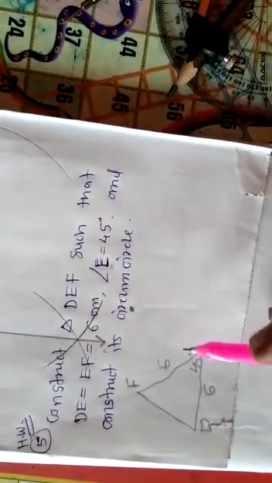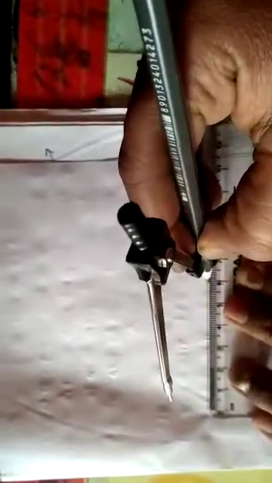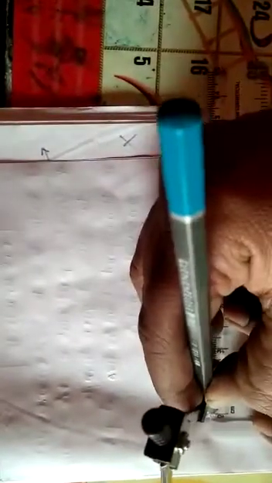So this is the same as the previous examples. At first we take a base of 6 cm. What is the name of the base? DE, 6 cm.